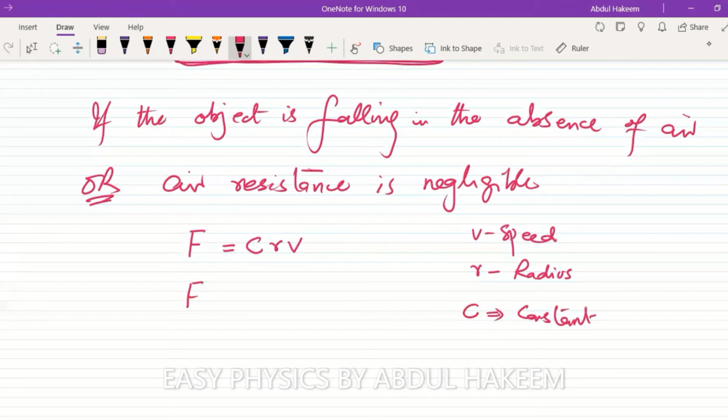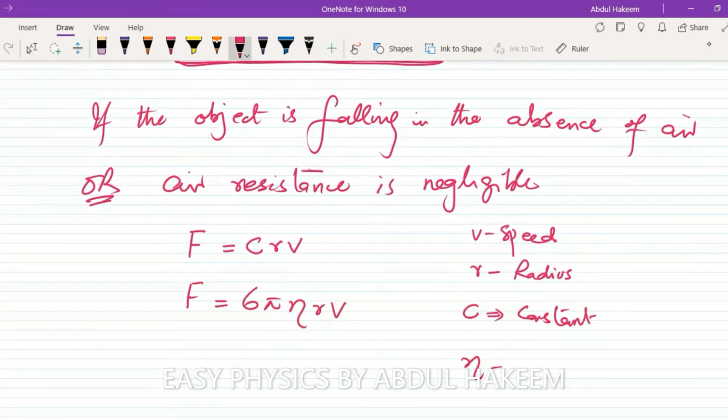And this formula is also written as 6πηrV, where η is the viscosity.